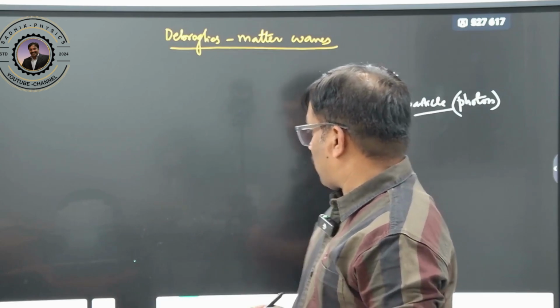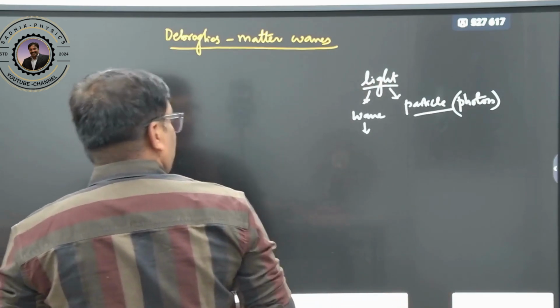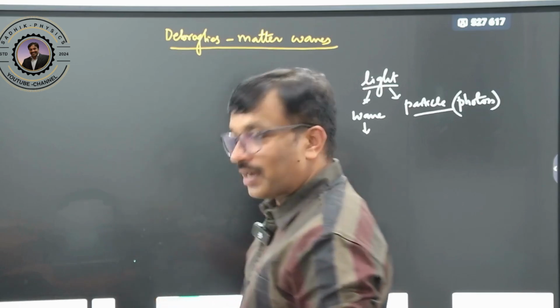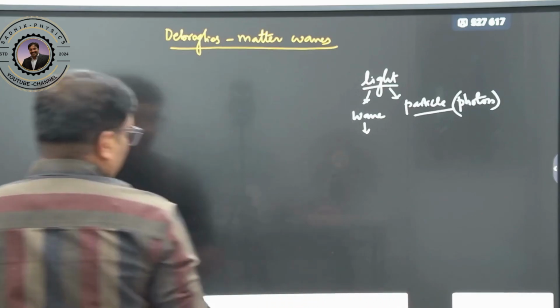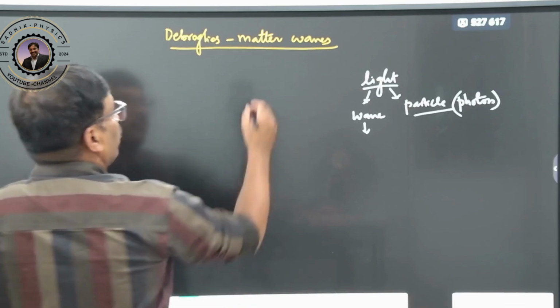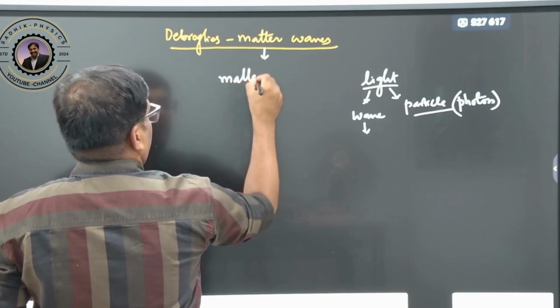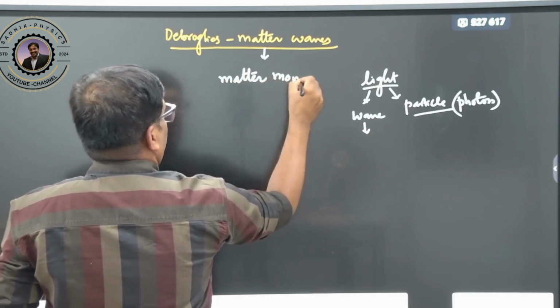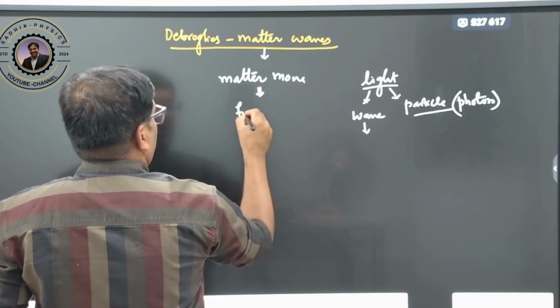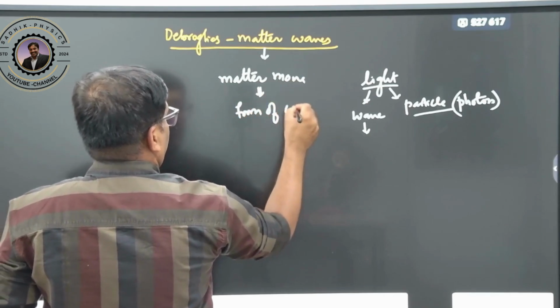De Broglie matter waves tell us that if matter is moving, it moves in the form of a wave.